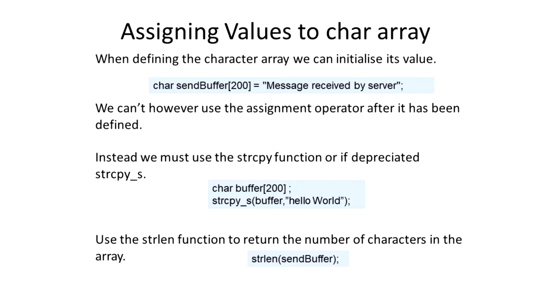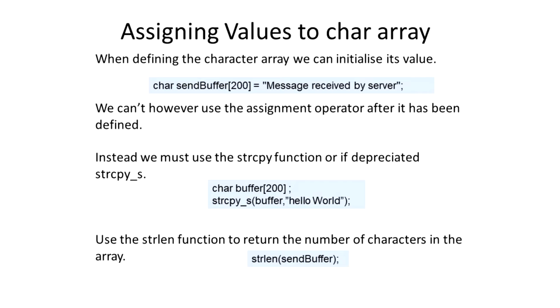We can assign values for char arrays, as we see in the first blue box, where we declare the char array and then use the assignment operator to assign a message, a certain value for the char array. However, we can't subsequently use the assignment operator to overwrite the value, the message basically, stored within that char array in a later statement.